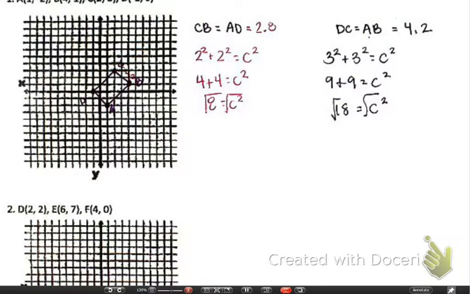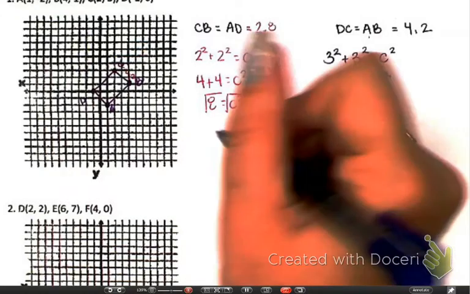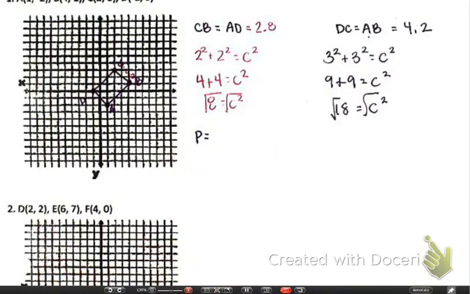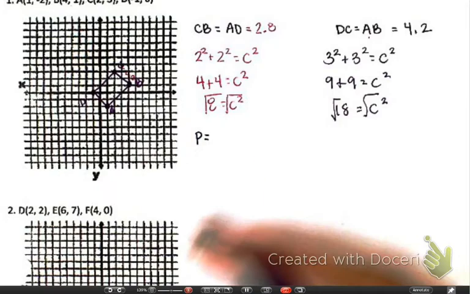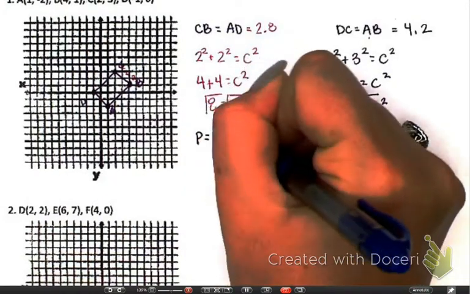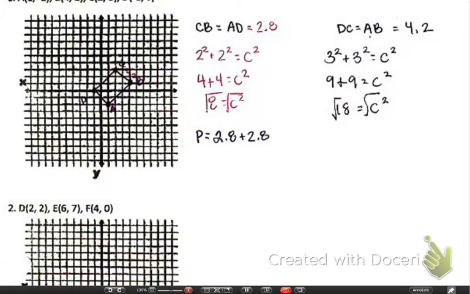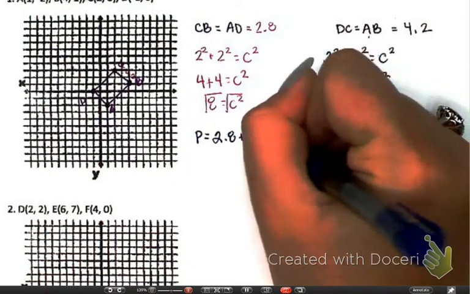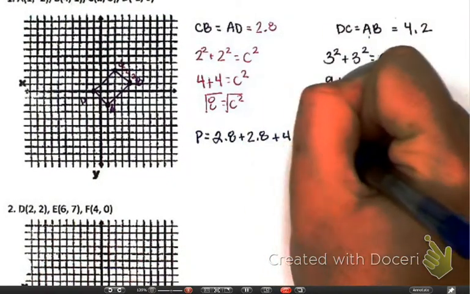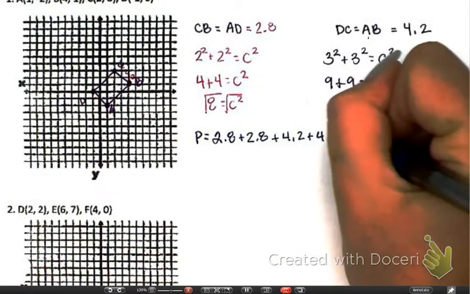Now the directions at the beginning tell us to find the perimeter and area. How do we find the perimeter? Add all the sides. Now as you're doing this, make sure you add 4 sides together. You should have 2.8 plus 2.8, or you can write 2 times 2.8 because they're both the same. And then you have 4.2 plus 4.2.